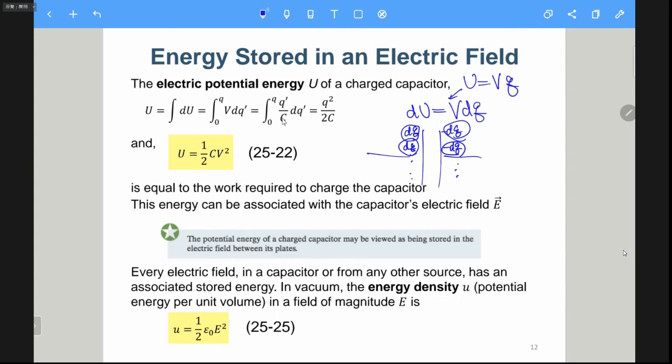This is pretty easy, something like integrating x dx, which is 1/2 x squared from 0 to x. So you have Q squared over 2C.